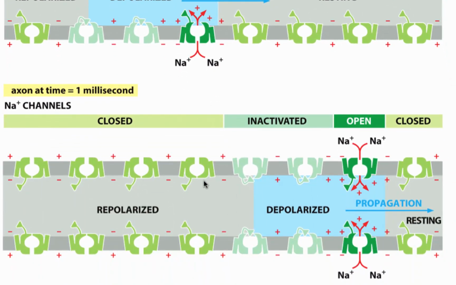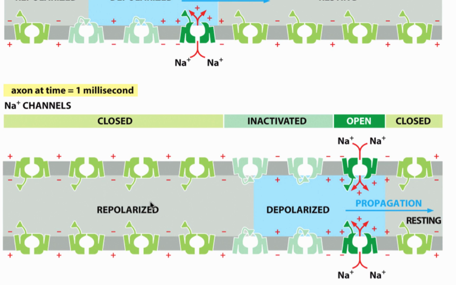So at 1 millisecond, what you can appreciate is that the depolarization event has propagated to the right of the axon, leaving behind to its left some inactivated voltage-gated channels that are not able to allow influx of sodium, and much farther down the axon, channels which were previously inactivated but have now reset to the closed configuration and therefore will be able to respond to a depolarization signal that comes to them.